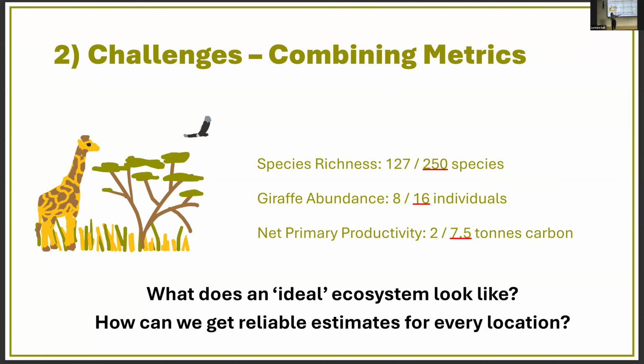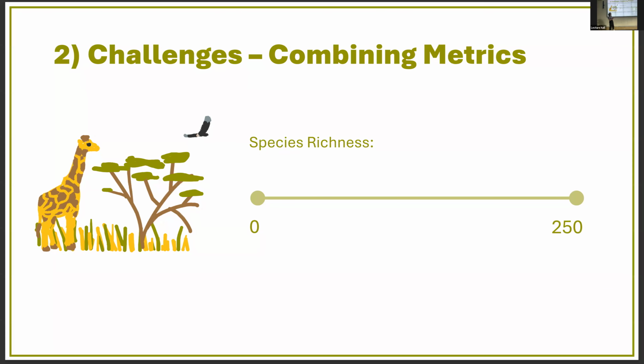If you lowball your target value estimates, you're going to overestimate how many credits you can sell. Let me explain. So let's say we've decided that our target value for species richness for this ecosystem is 250. And let's say at the moment we have 50 species. I'm going to jump ahead to explain the next stage of detecting, which is where we go from having individual numbers for our ecosystem and look at them changing through time.